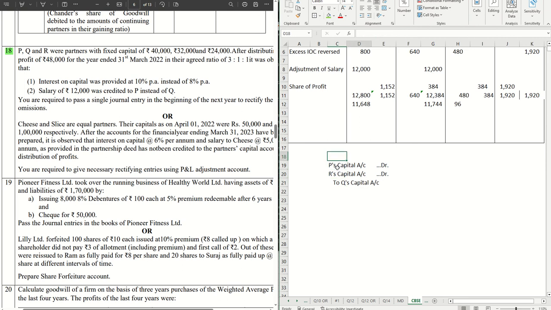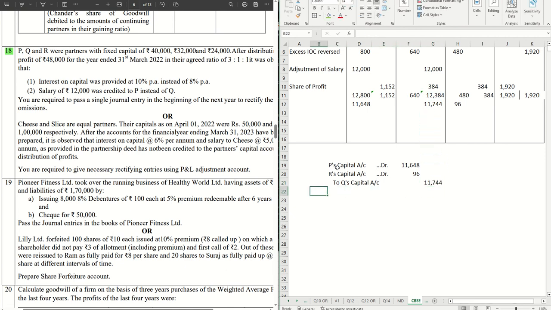Alright, so the amounts just now we got them. We will write those amounts. That will be for P, this will be 11,648. For R, this will be 96. And for Q, this will be 11,744.